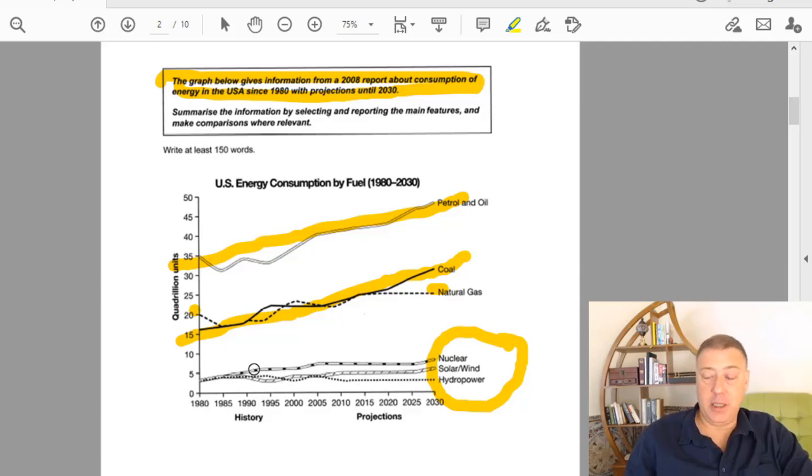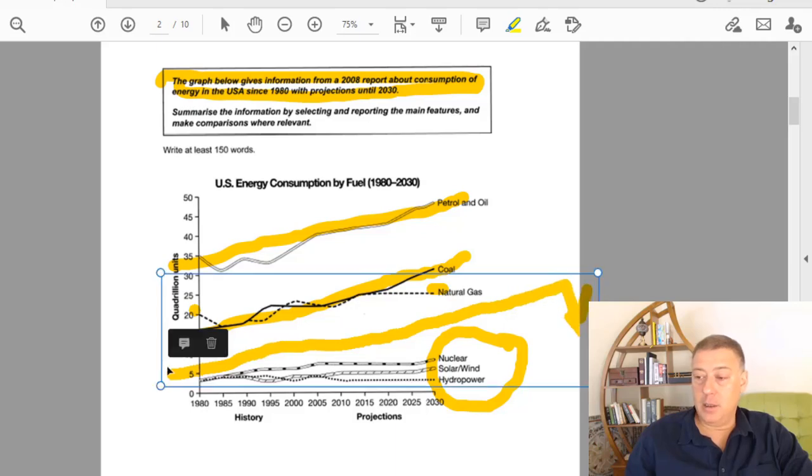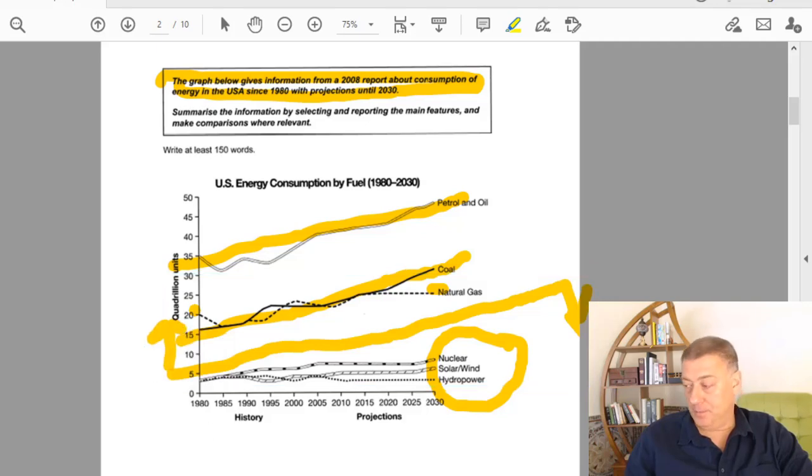Nuclear looks like it increases a little bit, but basically from the beginning of the period to the end, there's not much difference in those three things. So your overview should maybe focus on 2 bits of information: below and above.